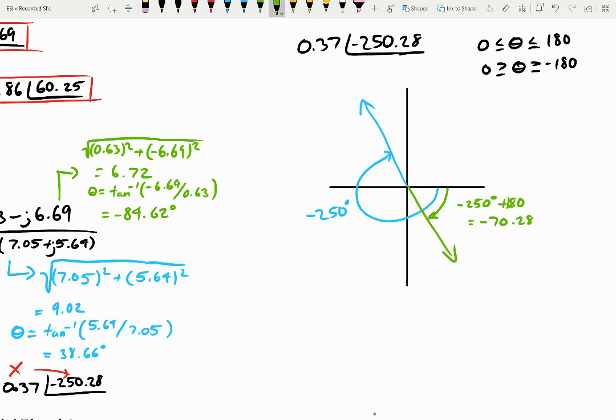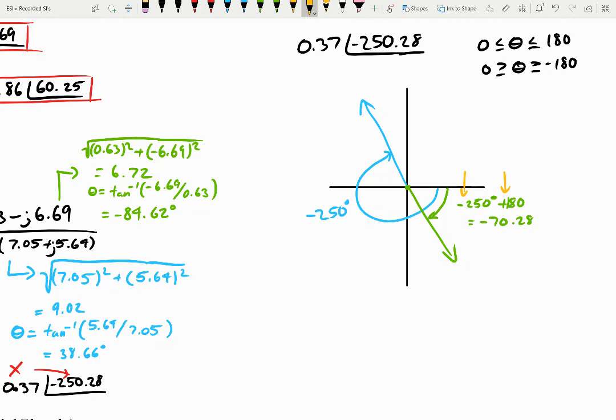So just know that, right here, that's all you have to do. I know this is going to be a little bit confusing at first when you try it out, but it does get easier with practice. Just know that you've got to keep it in between these two. A tip, if you want to call it that: if you're beyond negative 180, so you're at negative 250 here, add 180.